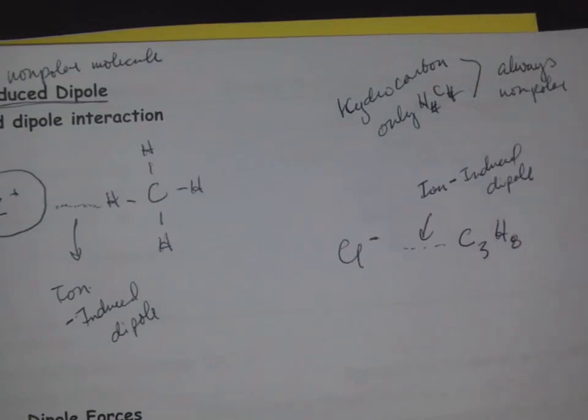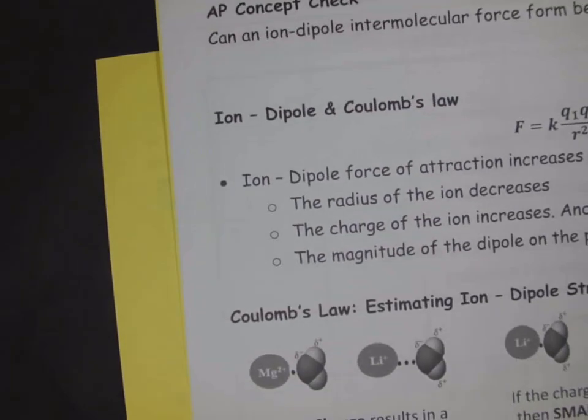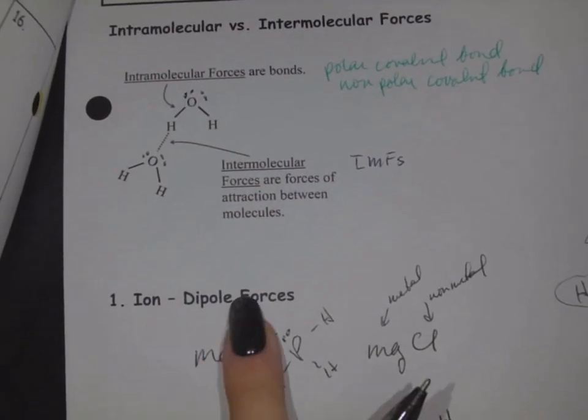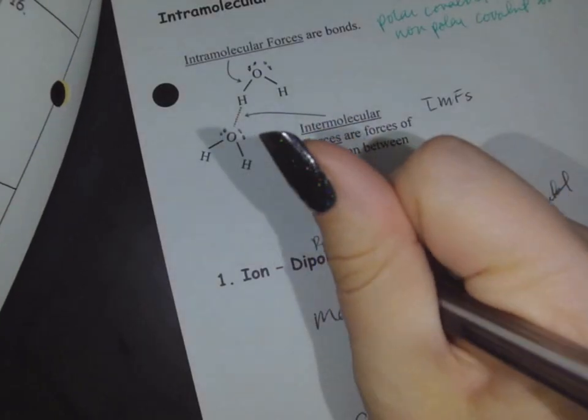Okay, so ion dipole, that means an ion and a polar molecule.